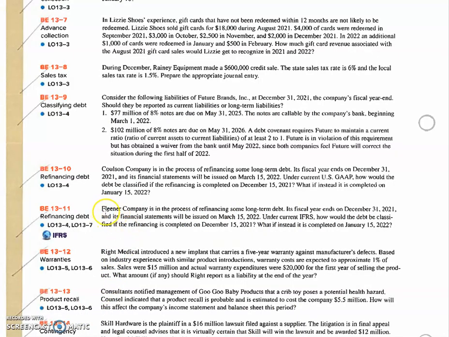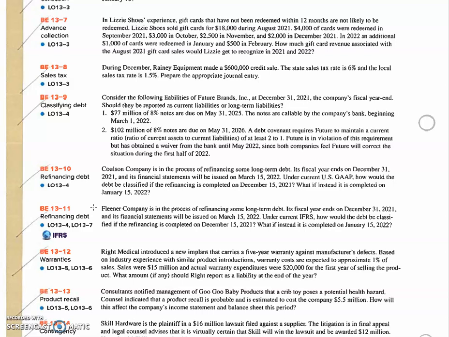So, Fleener Company is in the process of refinancing some long-term debt. Its fiscal year ends on December 31, 2021. Its financial statements will be issued on March 15th, 2022. Under current IFRS, how would the debt be classified if the refinancing is completed December 15th, 2021?